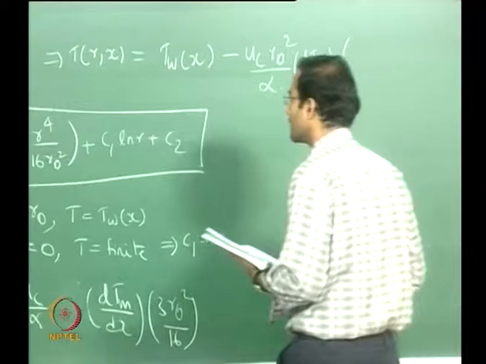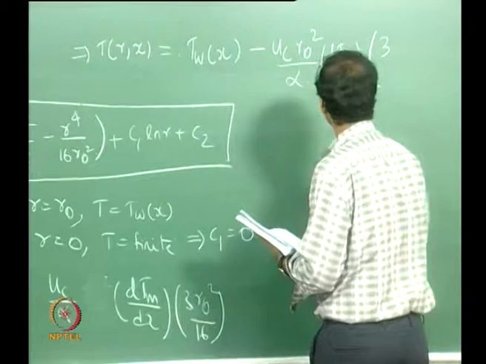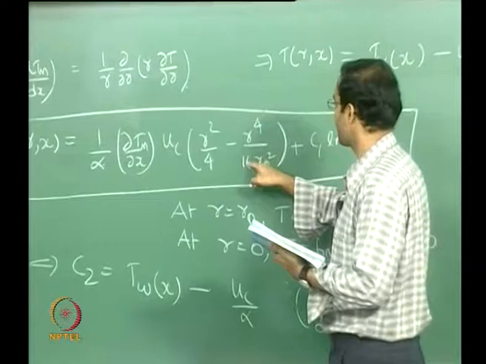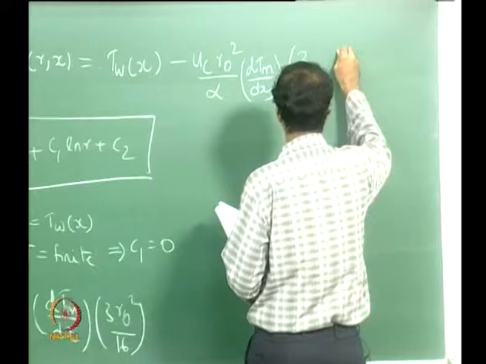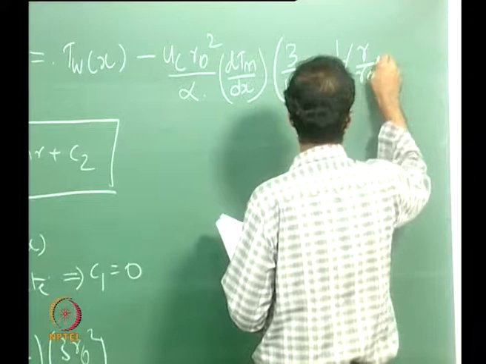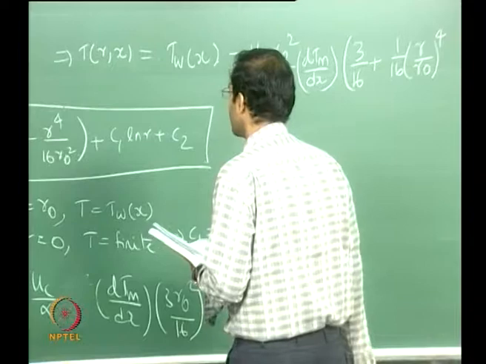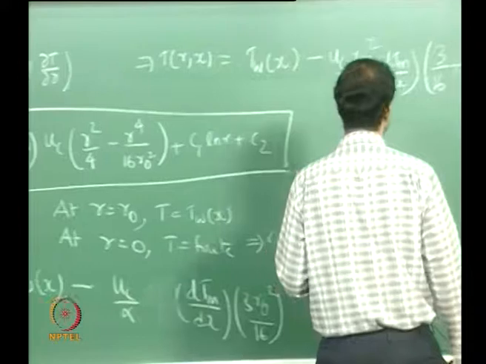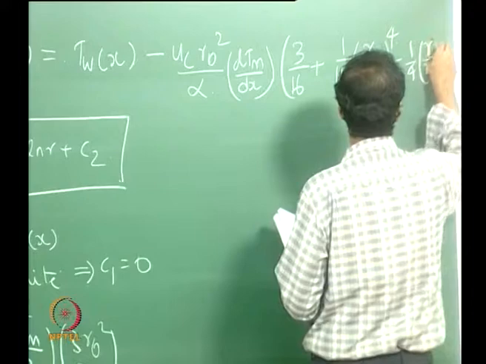So this will be left with 3 by 16, plus you have 1 by 16 (r by r naught) the whole power 4, and the remaining term will be minus 1 by 4 (r by r naught) the whole power 2.